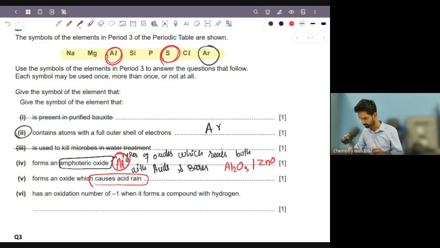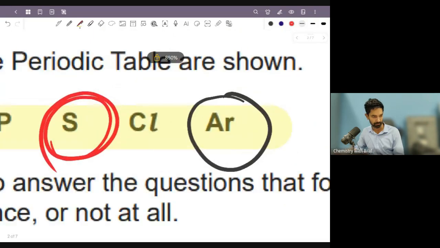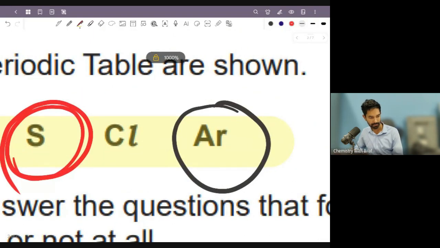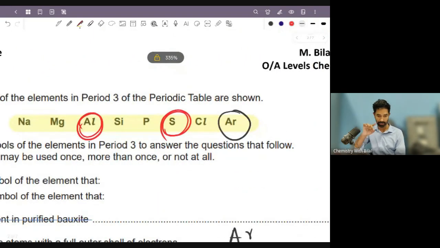Which element has -1 when it bonds with hydrogen? -1 is naturally for group 7 elements, so what will the answer be? Cl. Because when you write HCl, H is +1 and Cl is -1.